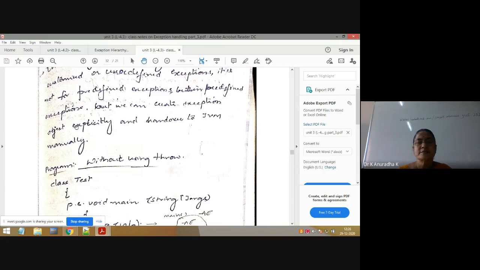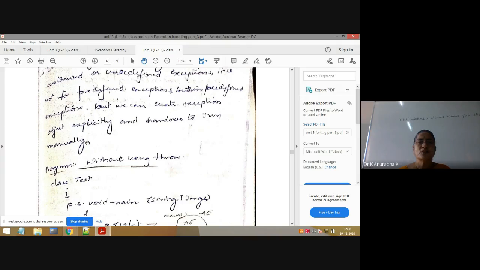We can create an exception object explicitly and hand it over to the JVM manually. I already explained the default exception handling procedure, where there are five or six steps. There I explained one concept: in whichever method the exception is raised, that method is responsible for creating that exception object and handing that object over to the JVM.